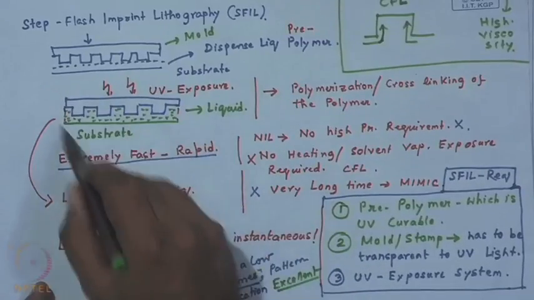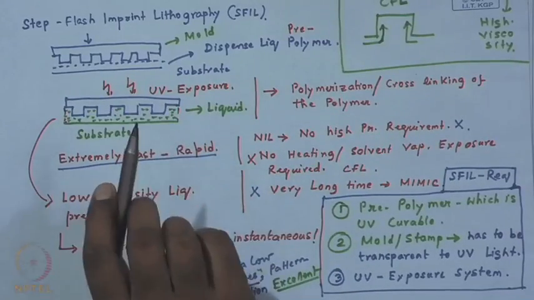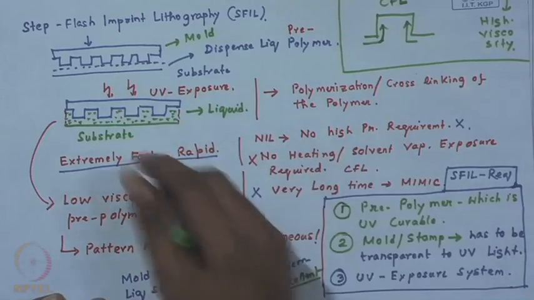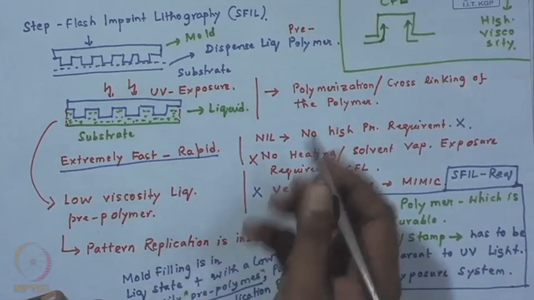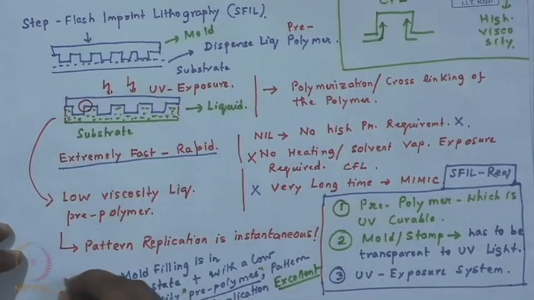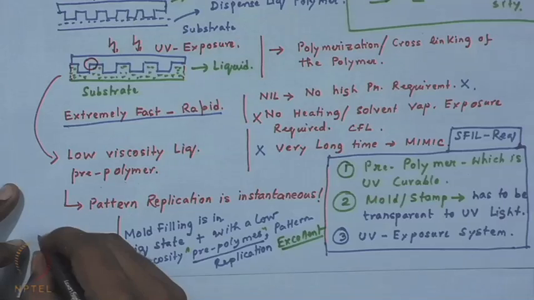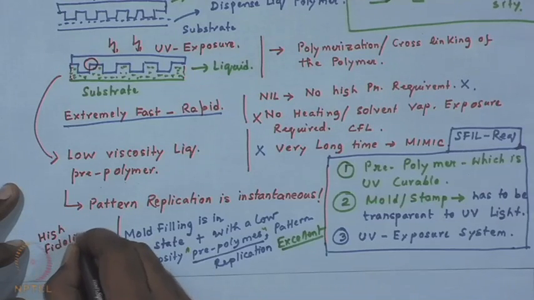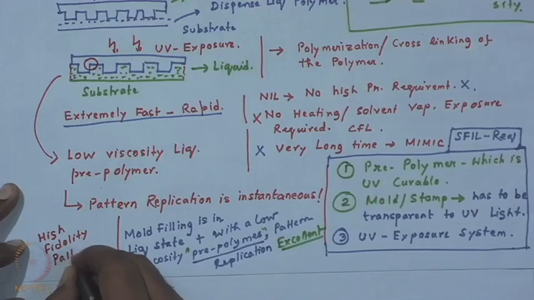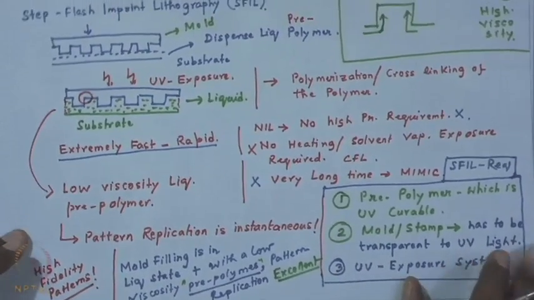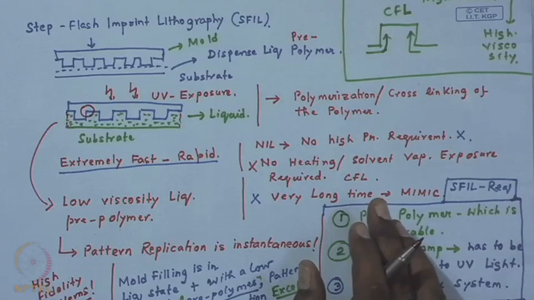So, the moment you place the stamp on top of this pre-polymer layer, you immediately have a sort of pattern replication taking place, and you get very fast replication, as well as the key important thing, the fidelity of the structures is very, very good. So, this is in a nutshell your SFIL.